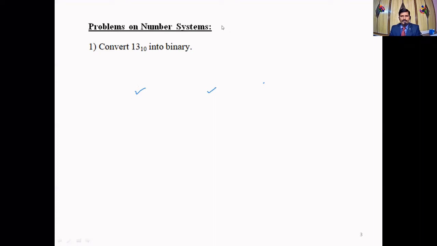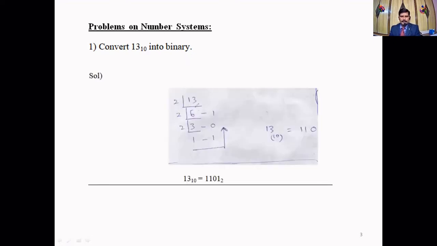A decimal number is given here, and we need to find the binary. What is the point we remember? Divisions, because before the decimal point we use divisions. We want to convert into binary, that's why we divide by 2 and put the remainder here.